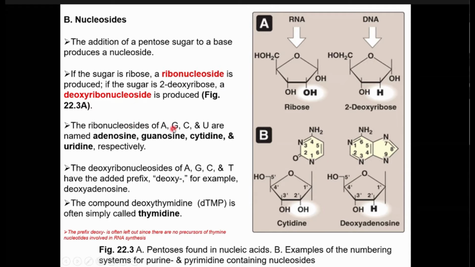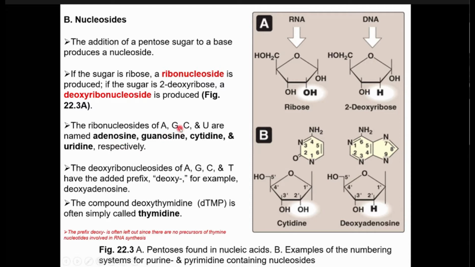For instance, if this is A for adenine, G for guanine, C for cytosine, and U for uracil. So if you want to add a sugar to this base in the RNA, it becomes adenosine. You see, -osine.